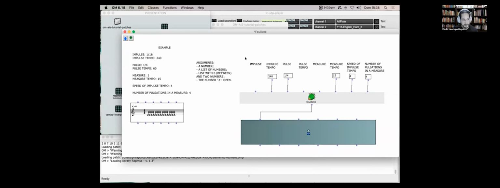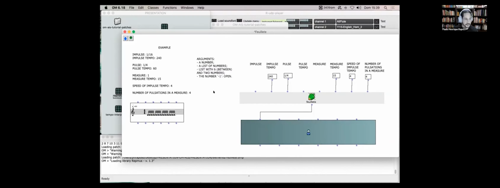And this function will have all these inputs: pulse tempo, measure tempo. And the arguments can be a number, a list of numbers, or a list with B and 2 numbers.